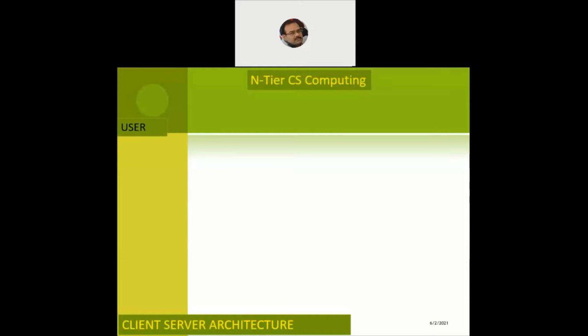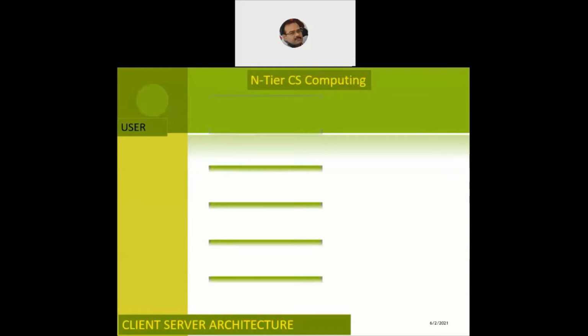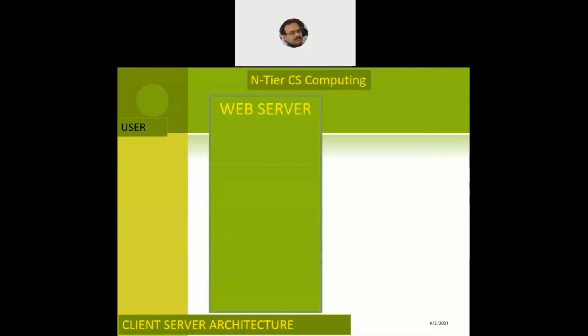So we'll have the user on the extreme left-hand side, and he will communicate with the web server. He will send multiple requests to the web server, and the web server will send a reply back to the user.